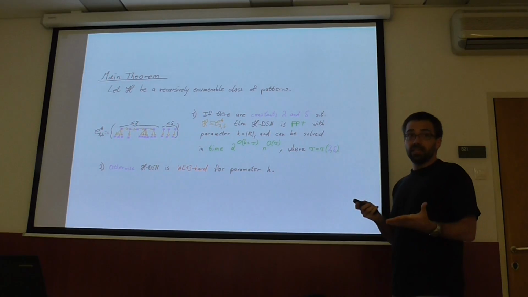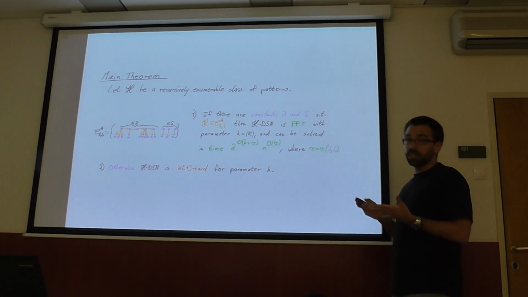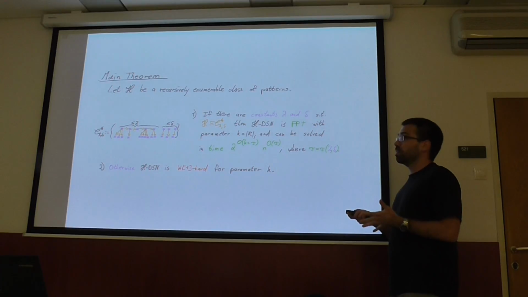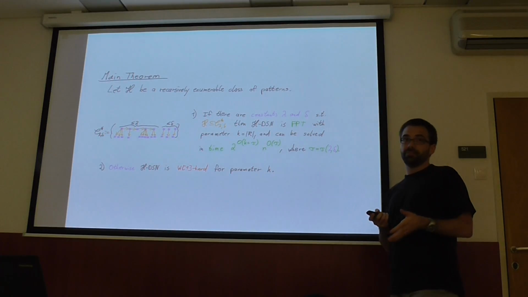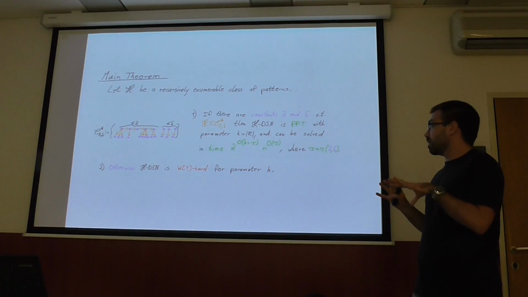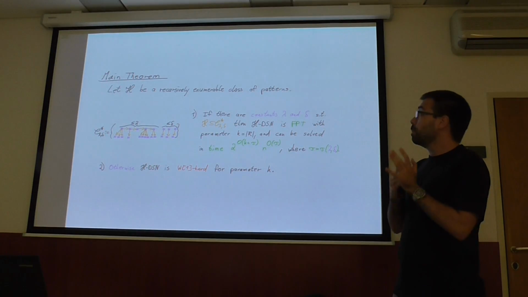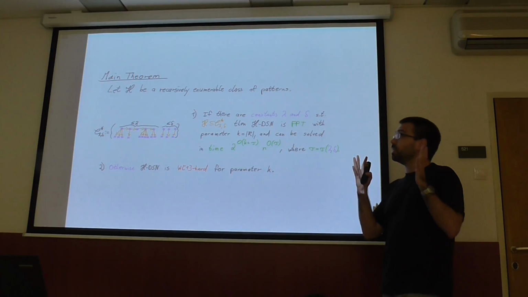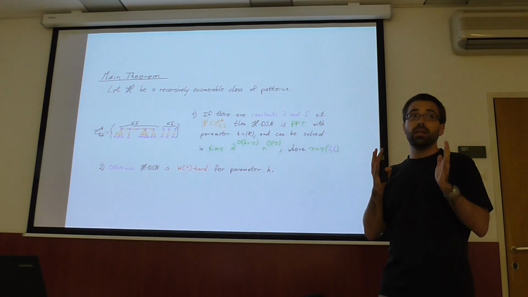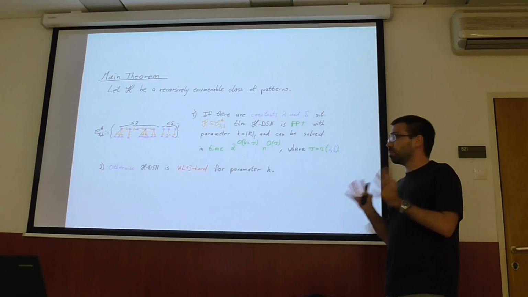And in all other cases, so if these two constants do not exist, then the corresponding problem is W1 hard. Okay, so I get a complete dichotomy of which patterns give me an FPT problem and which ones give me a W1 hard problem.